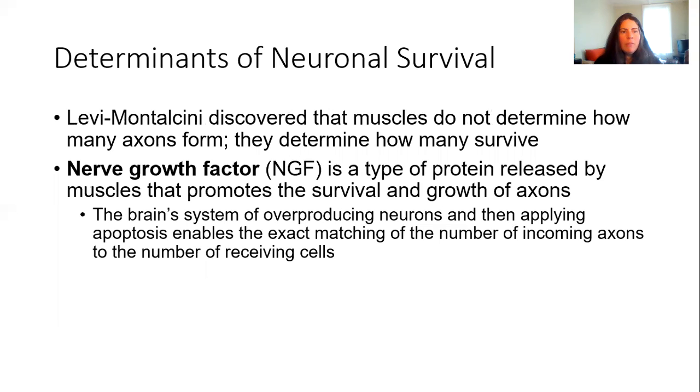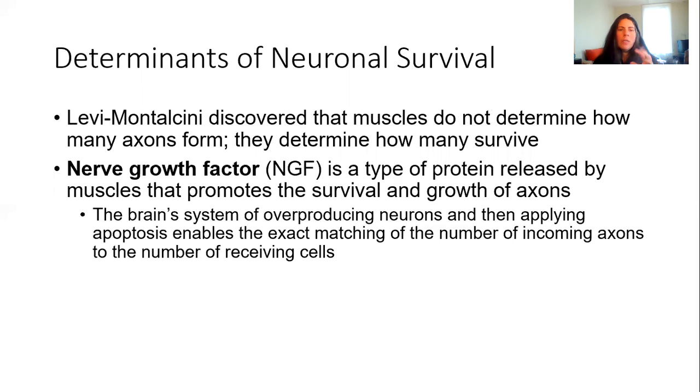So Levi-Montalcini discovered that muscles do not determine how many axons form, they determine how many survive. During development, we produce more neurons and synaptic connections than what is needed, and so the brain overproduces neurons that have a built-in suicide program called apoptosis. When neurons communicate in early development, nerve growth factor is released.